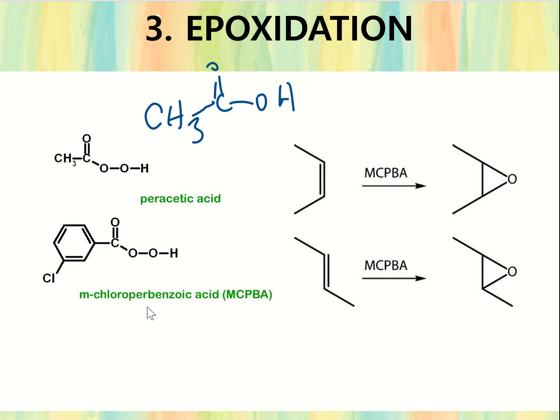So it's meta-chloroperbenzoic acid, and you will see mCPBA for short. And what they do is, the alkene in the presence of these per acids will form epoxides.